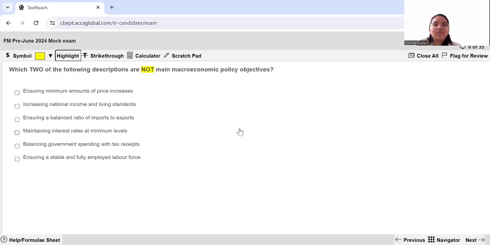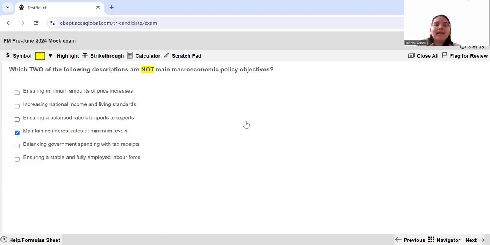Then maintaining interest rates at minimum levels, this is not an objective. The interest rates will be maintained at a point which is optimum for the economy. The macroeconomic policy has objectives, so to meet those objectives, whatever interest rates are required, the government is going to keep those interest rates.